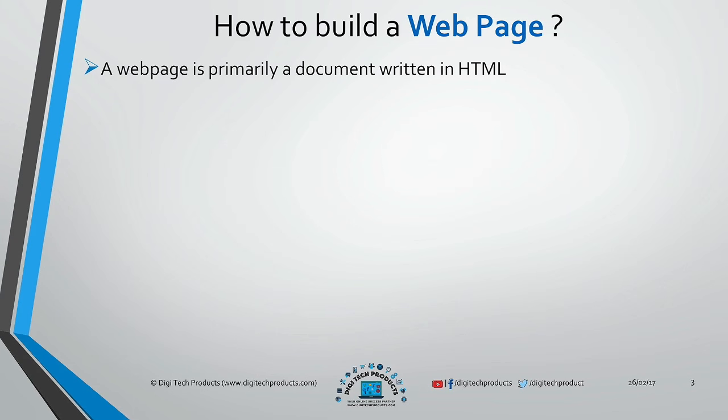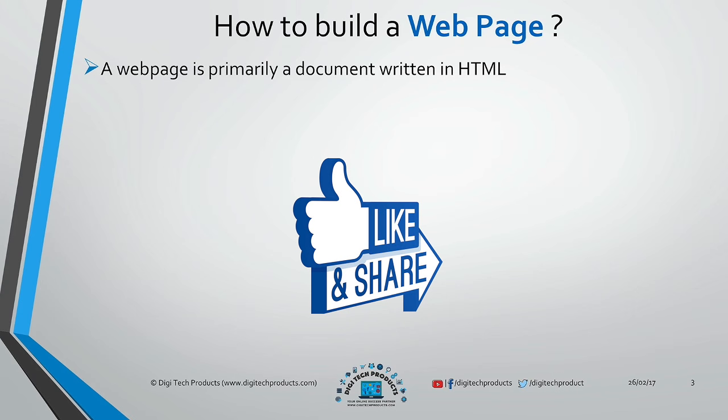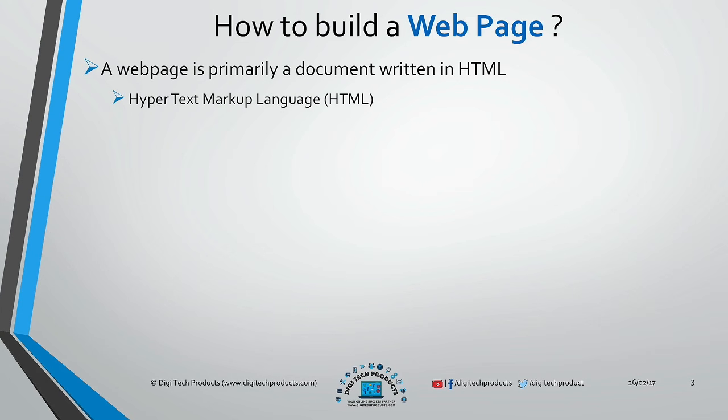Because ultimately, even WordPress being a tool, it is also building the web pages in the same method that we are now going to see. A web page primarily is a document written in HTML. So what is HTML? It is Hypertext Markup Language.